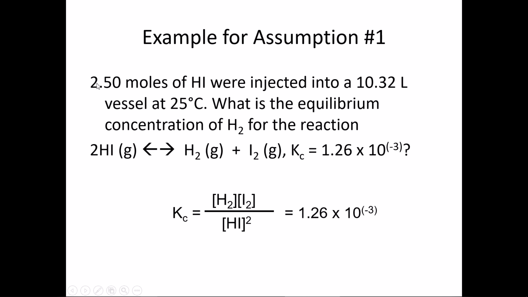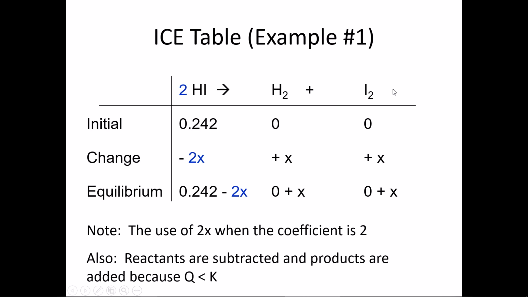So we need to calculate the molarity of HI going into the ICE table: 2.5 moles divided by 10.32 liters gives us 0.242 molar. So that's our initial concentration.